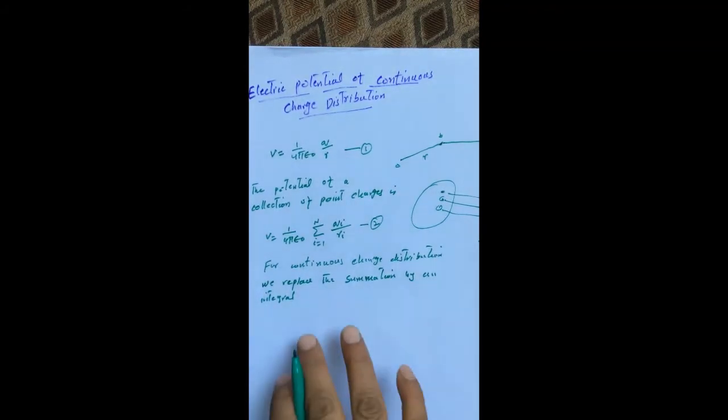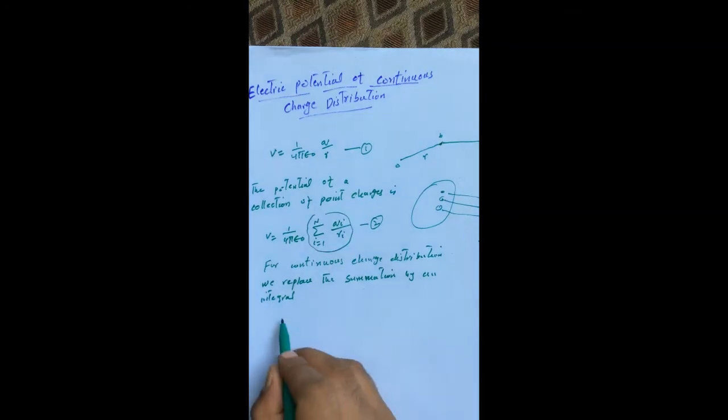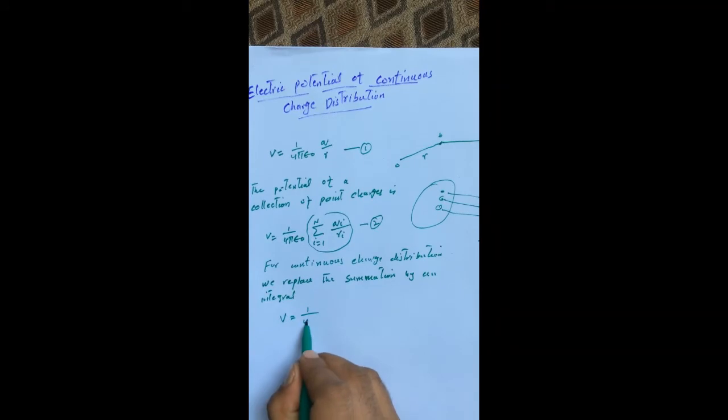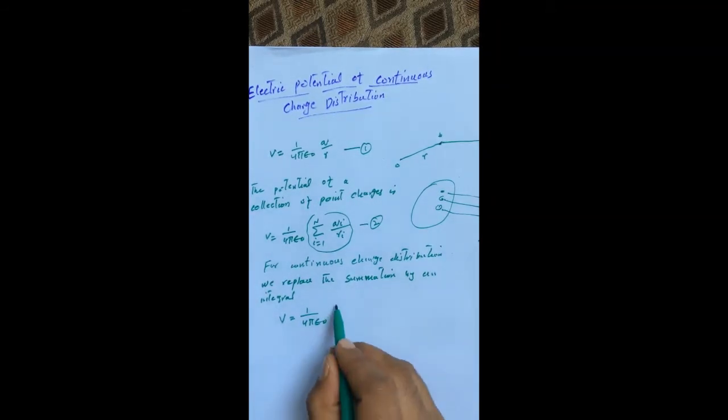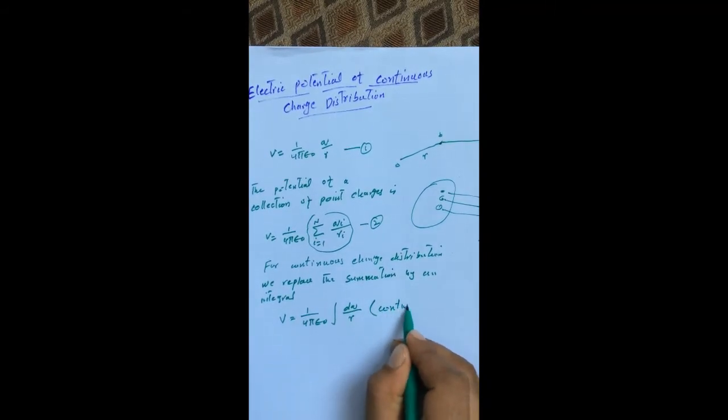So the potential of continuous charge distribution is given by 1 over 4 pi epsilon naught times the integral of dq over r. This is for continuous charge distribution.